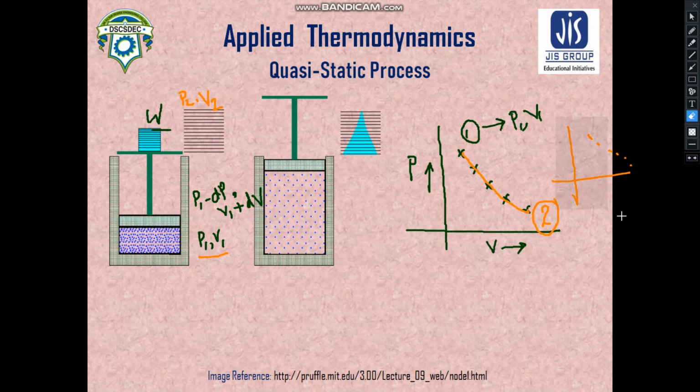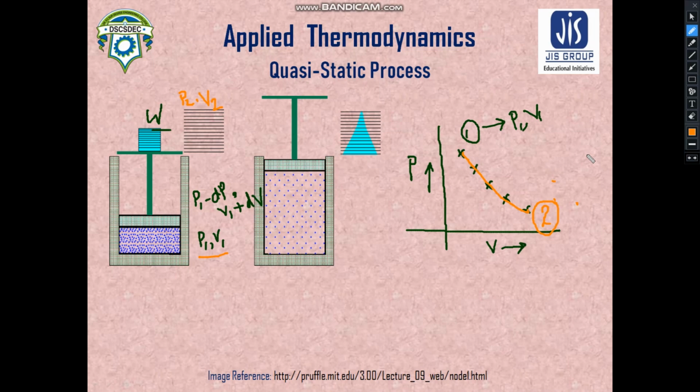The basic understanding which I need to tell you is that any thermodynamic curve which is continuous in nature suggests that it is following the thermodynamic equilibrium constraints, and it is also maintaining a quasi-equilibrium path. This is the thing I want to mention here.